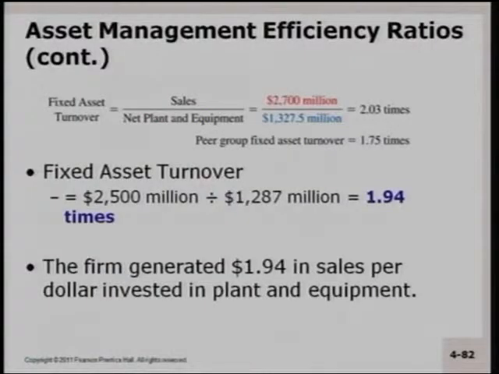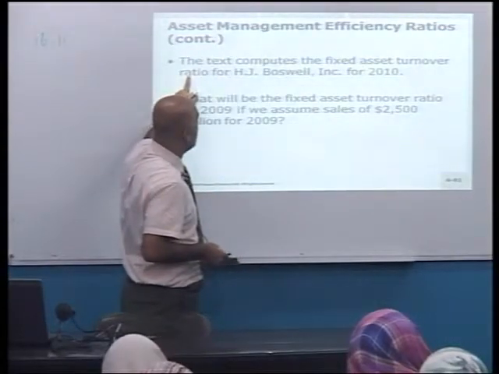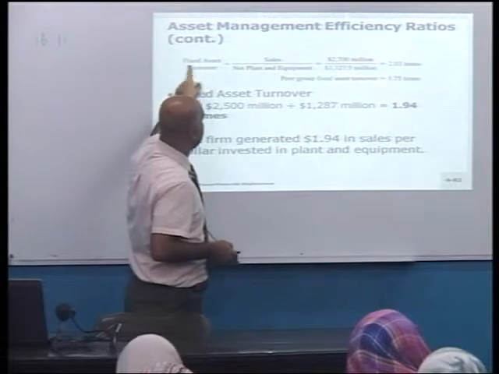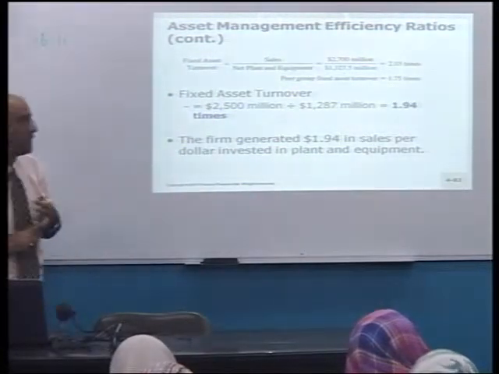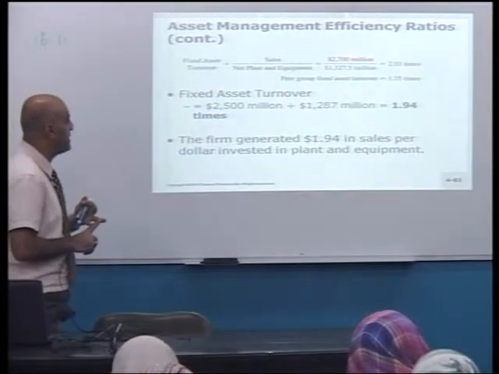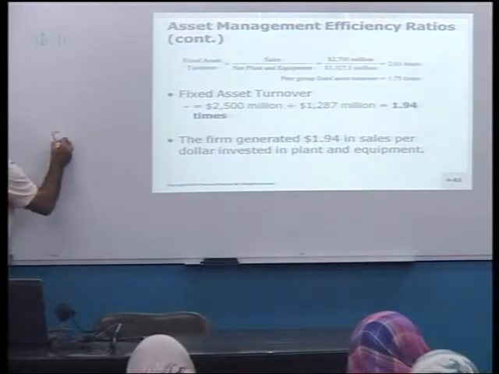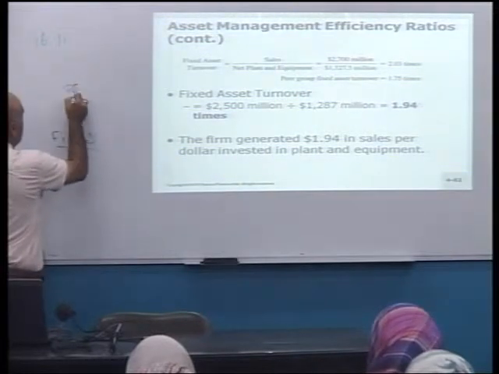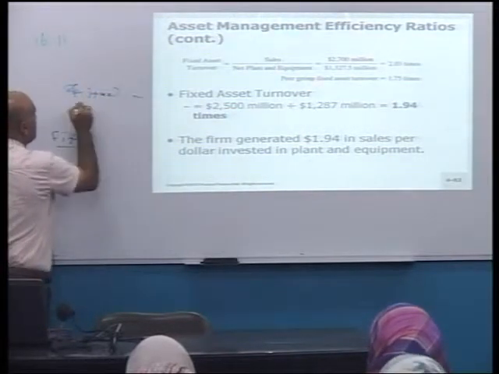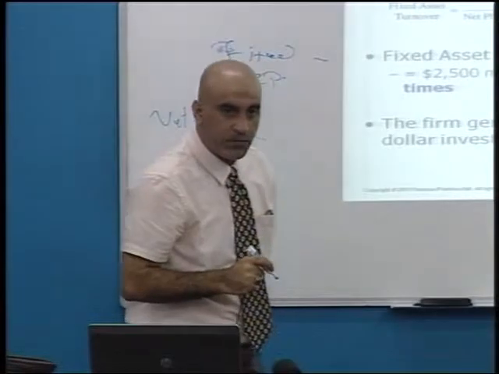Now we will talk about the turnover of the fixed assets. Fixed asset turnover equals sales divided by the fixed assets. From where can we get the fixed assets? The fixed asset comes from total assets, the fixed assets minus the depreciation, so we get the net fixed assets.